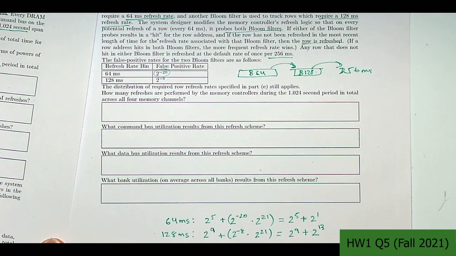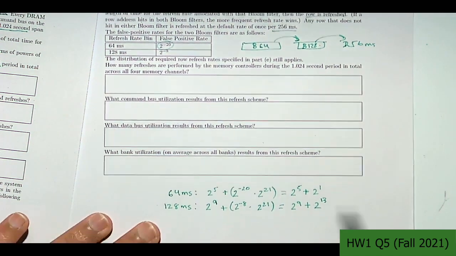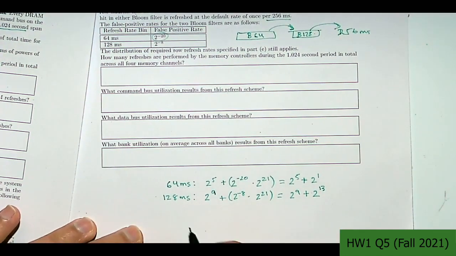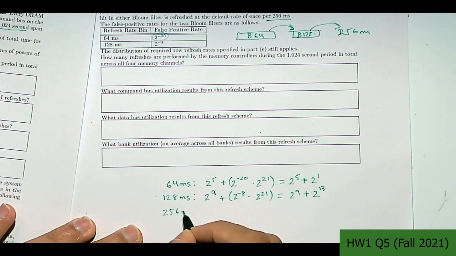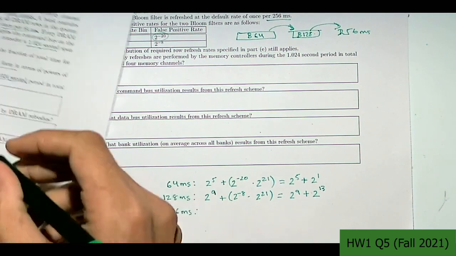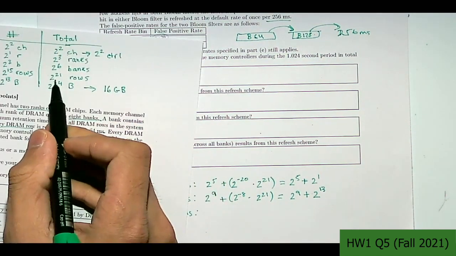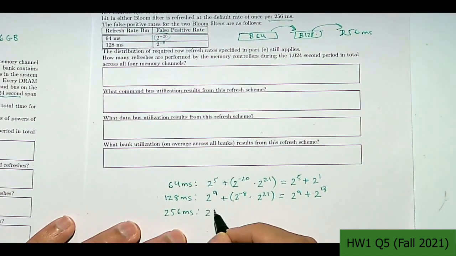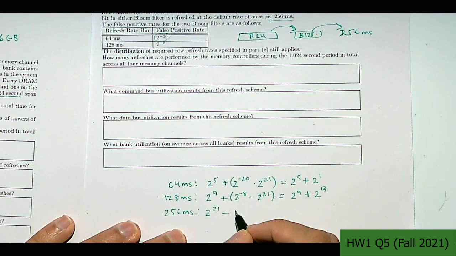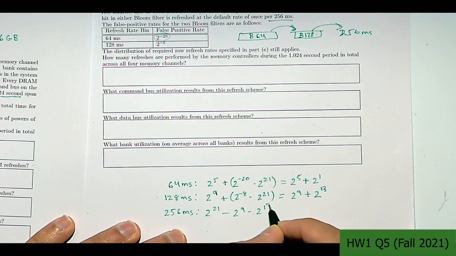Those will be everything that's refreshed at 128 milliseconds. And then we have 256 milliseconds, which is everything else, right? We compute everything else in the same way as before. So we have 2 to the 21 rows total, and then we just subtract these quantities: minus 2 to the 9, minus 2 to the 13, minus 2 to the 5, minus 2 to the 1.